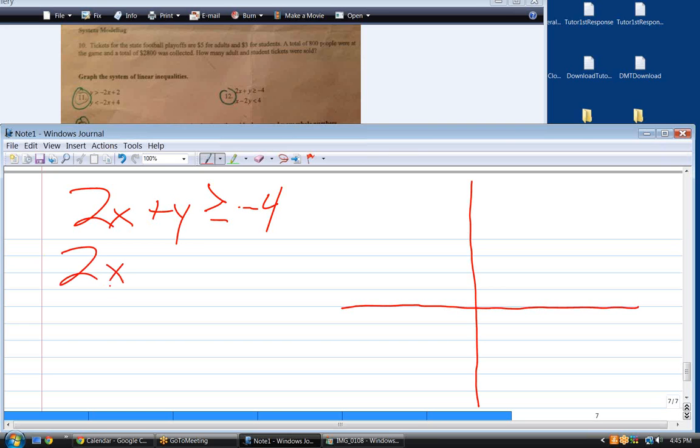First of all, let's set it up as an equation. Patrick, what's the best way to graph that? If it was in y equals mx plus b format, could you graph it? Yeah. Okay, let's put it in that format. What do I have to do to that equation in order to get it into y equals some slope times x plus some y-intercept?